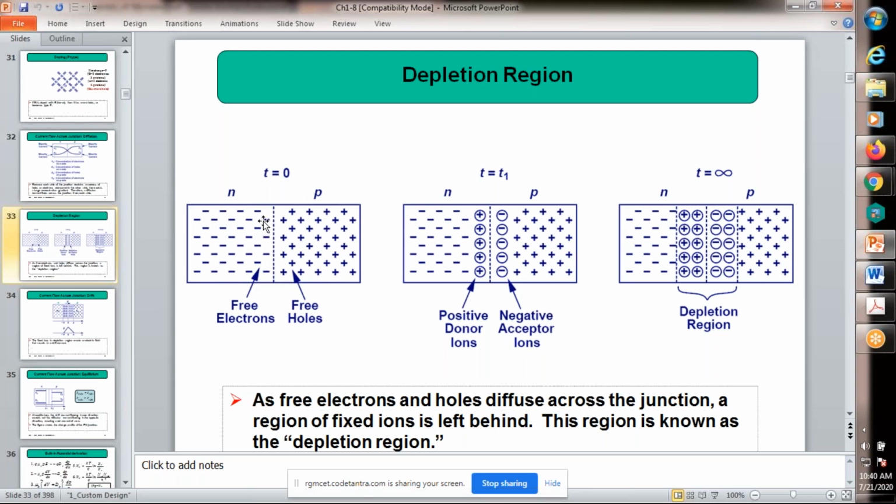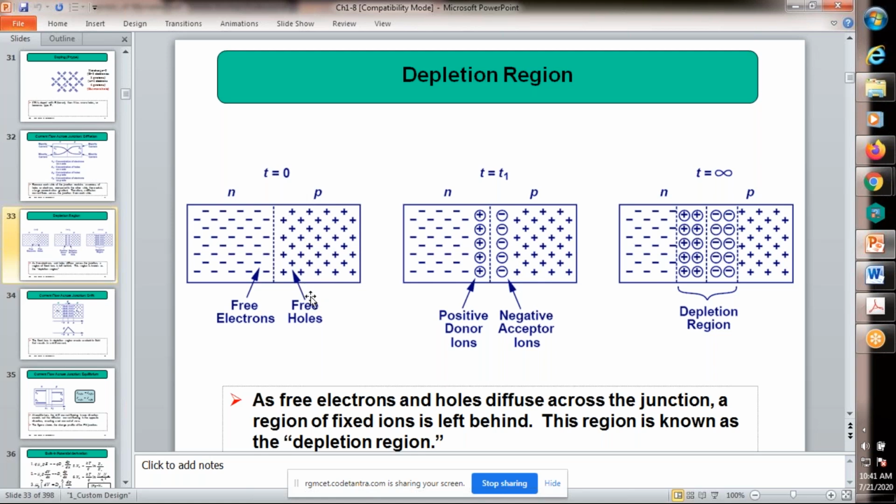A phosphorus atom internally consists of 5 protons and 5 outermost electrons. 4 electrons are strongly covalent bonded with 4 silicon atoms, so this one is a free electron. Remember. Similarly, this is a P type, and here the plus symbol indicates the holes.